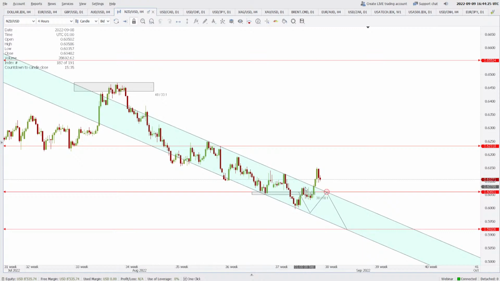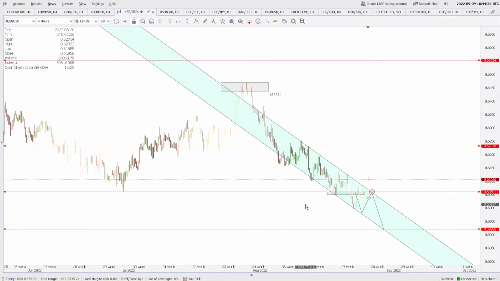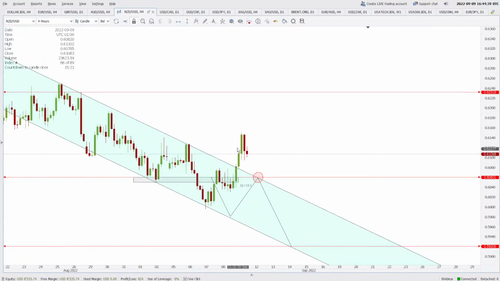One, this is broken resistance, now it will become a support. Also this is a broken resistance here, it will become a support, and also in the past this was an important support. So we have multiple reasons for 0.6060 to hold as a good support, and I think those who are not ready to buy at the current levels around 0.6106 will be willing to buy when the price comes here.